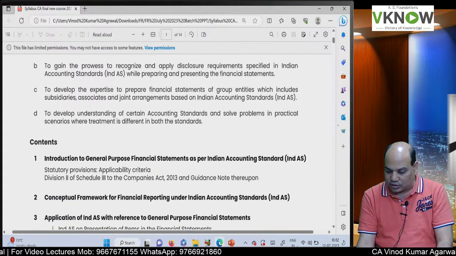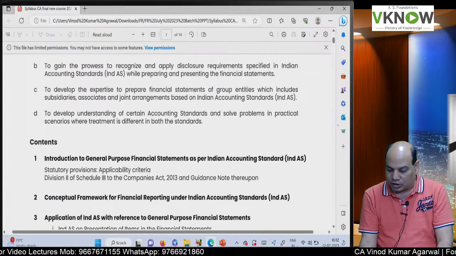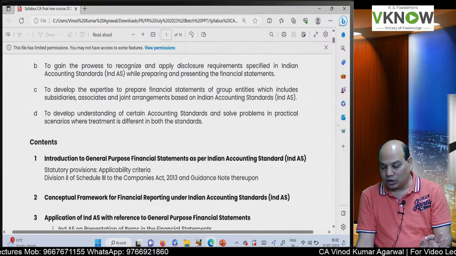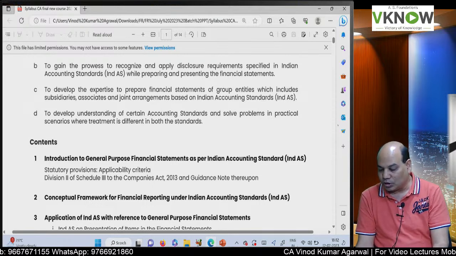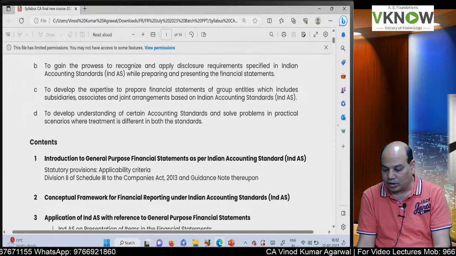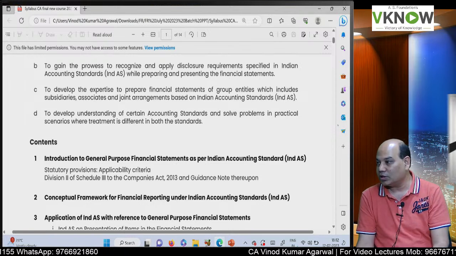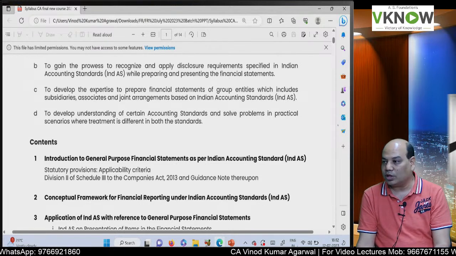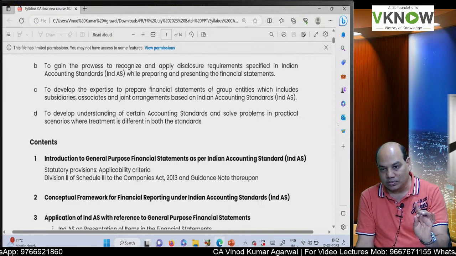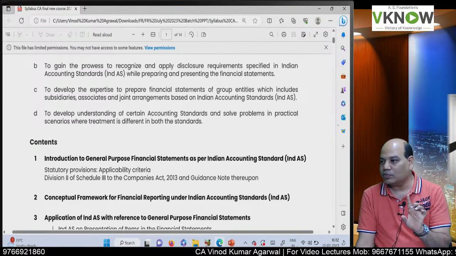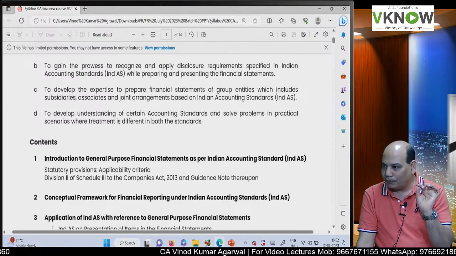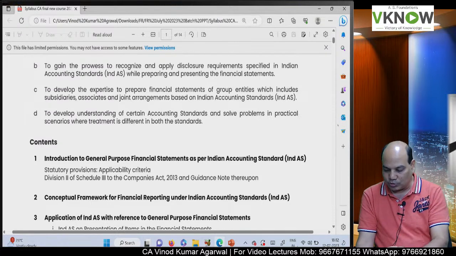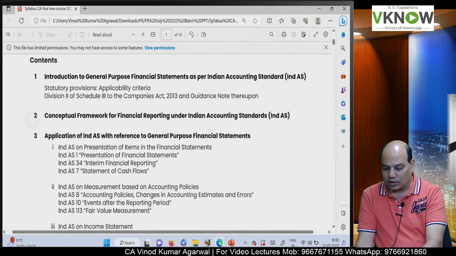In the new course, they have also written in point D that you have to develop understanding of certain accounting standards and solve problems in practical scenarios where the treatment is different in both the standards. So some knowledge of accounting standards will be required in some particular topics. You don't have to study all accounting standards, only a few, which I am going to tell you. So this is our syllabus.